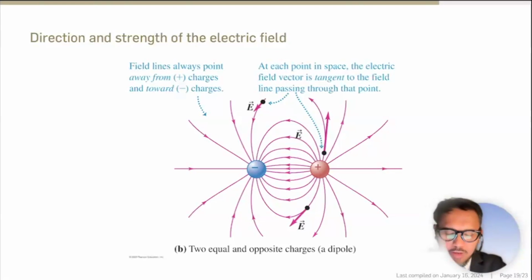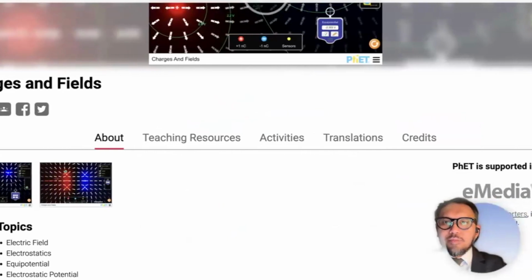And the way to find the direction of the electric field is by the superposition theorem, meaning you find the field from one charge, then the field from the other charge, and you sum the fields. Okay, so let me give you an example.